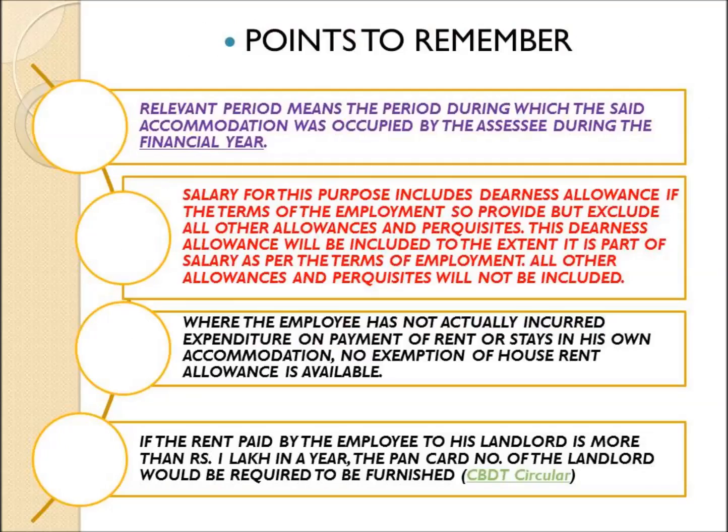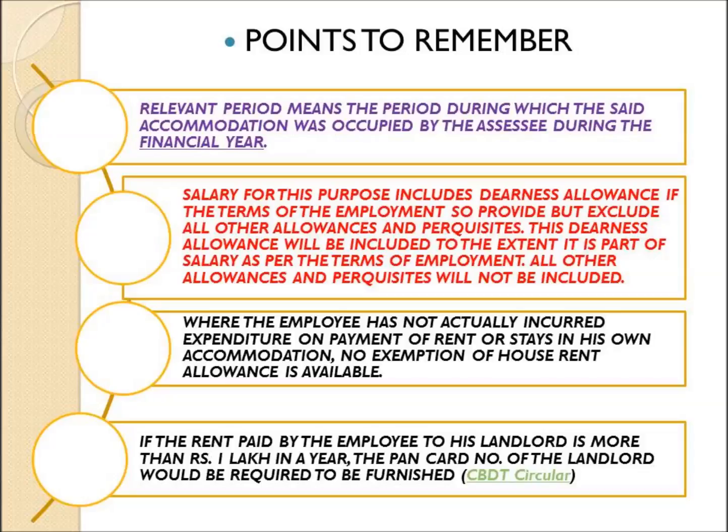Now, here are some points which are needed to be kept in mind while calculating the exemption of HRA under section 10 subsection 13A. Let us see what are the given points to remember. Number one is the relevant period means the period during which the said accommodation was occupied by the assessee during the financial year. As I said in the earlier slide, we have to calculate the exemption according to the relevant period, because it may happen that the assessee might have changed his accommodation during one financial year.